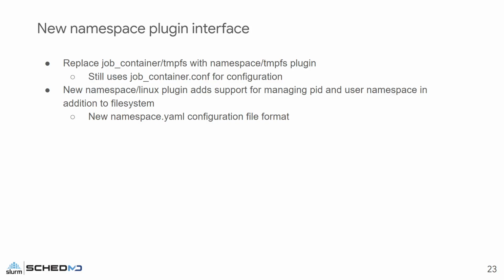If you're using Job Container TempFS, you don't need to do anything. That's still working. Longer term, we will likely be deprecating Job Container TempFS as the Namespace Linux plugin does technically completely supersede it, just with the caveat that the config file format changed as part of that.